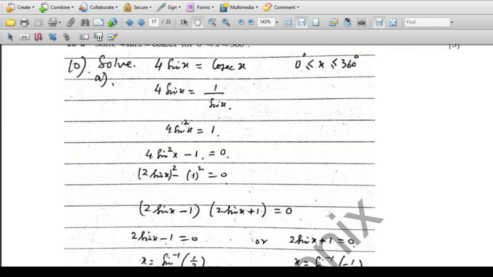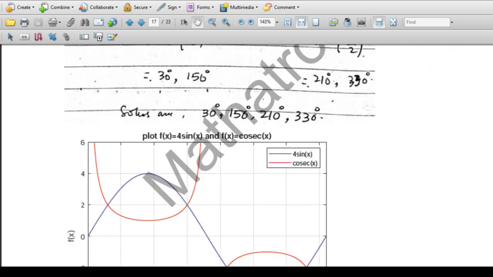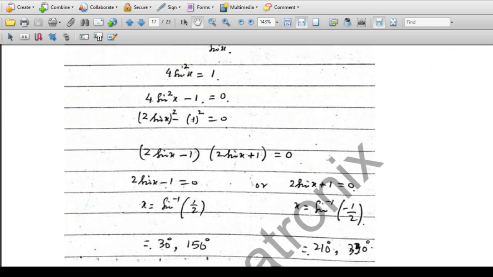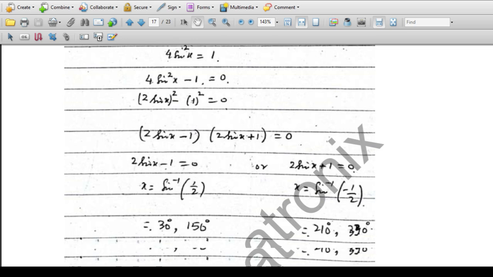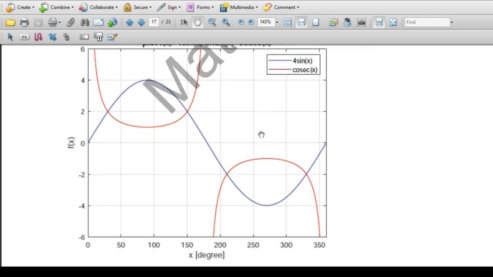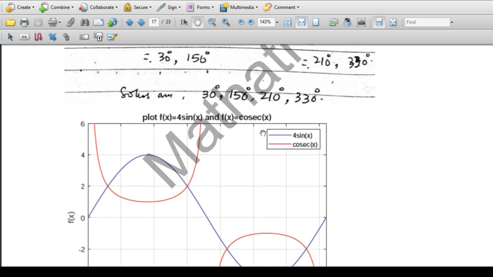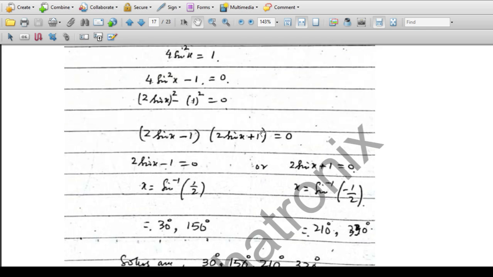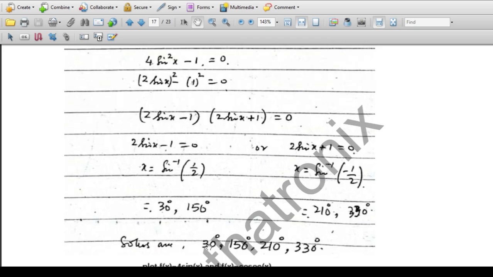This is part A of question number 10. The solution is easy and we have to solve up till here, but this is just to give the concept of why we have these 4 solutions.